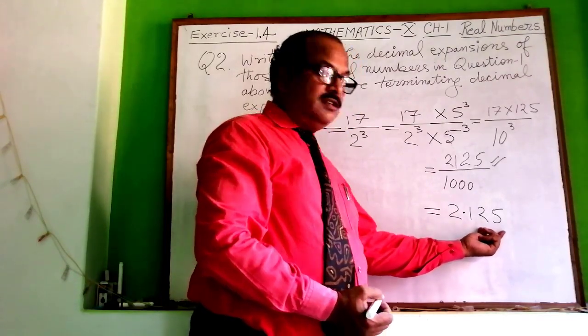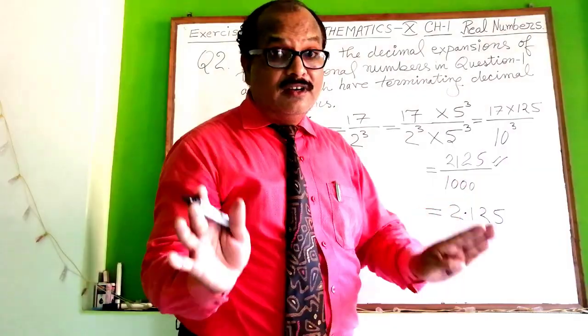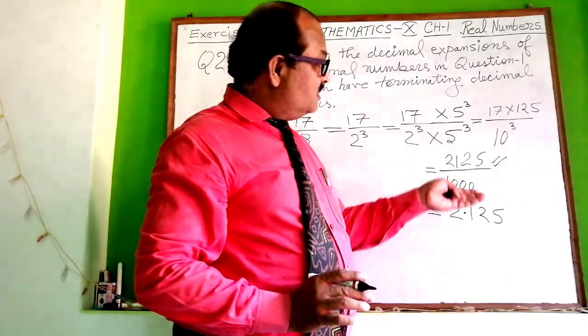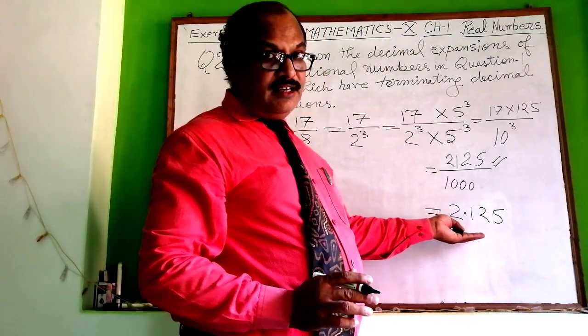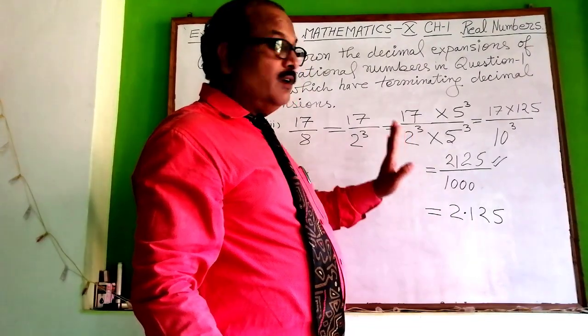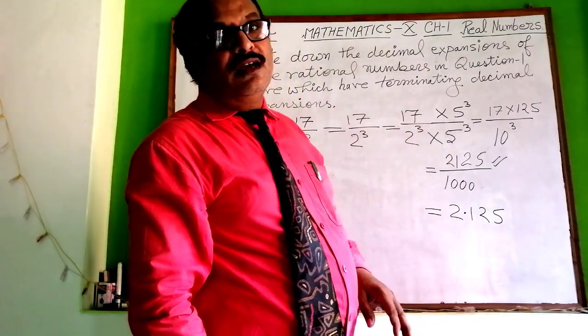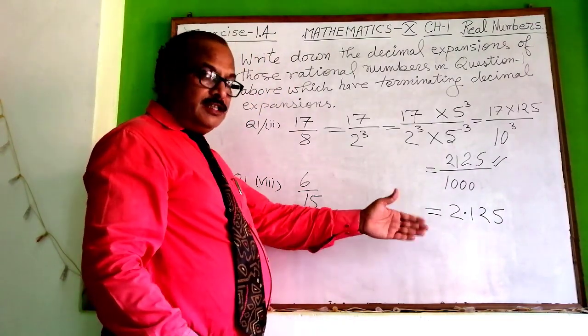This number terminates after 3 places of decimal. Here we have not done actual division, just by applying this technique you can find its decimal expansion. So students, one more thing comes in the board examination. I will explain it just after this.